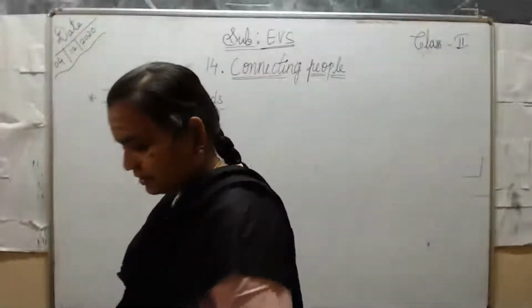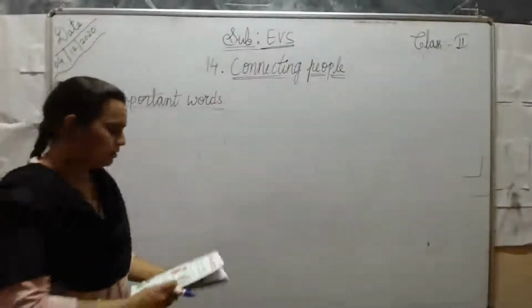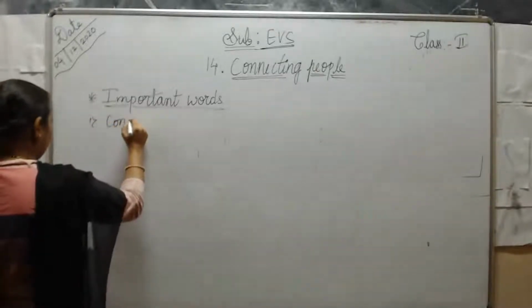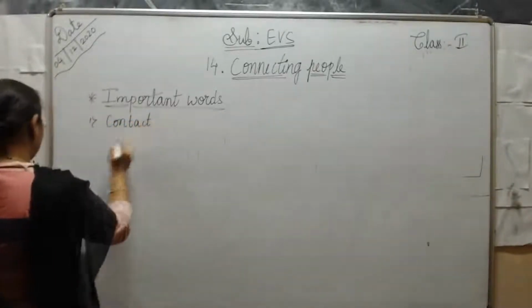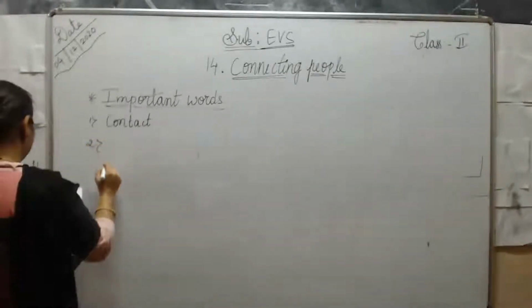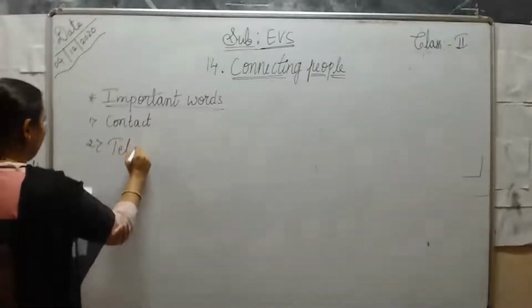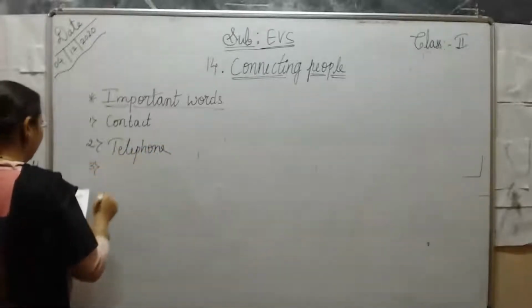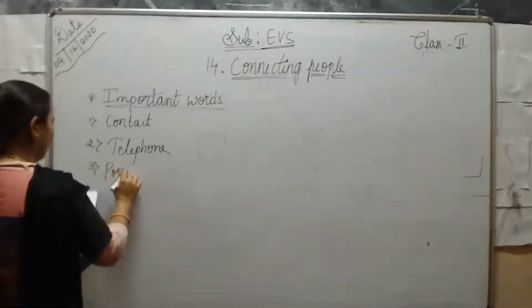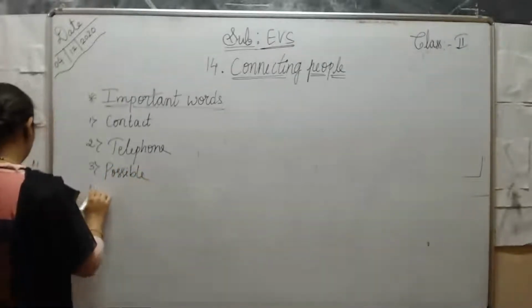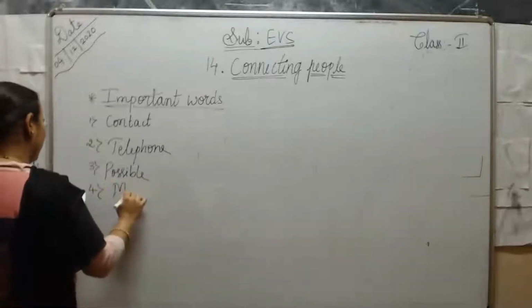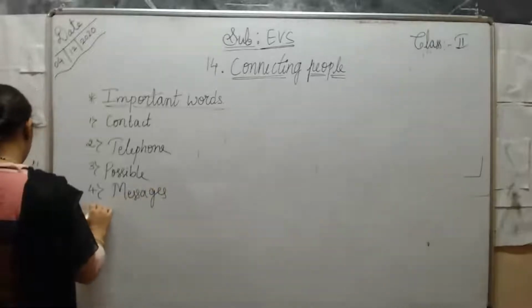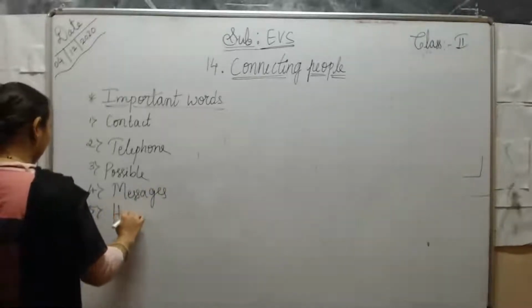Now, students, the first one is contact. Second one is telephone. Third, possible. Fourth, messages. Fifth one, horse riders.